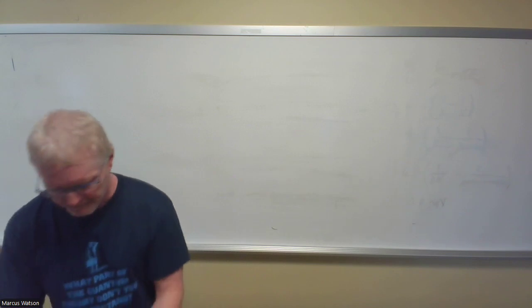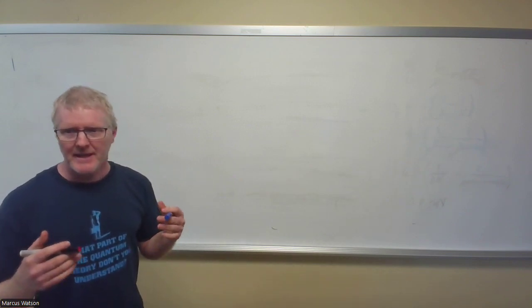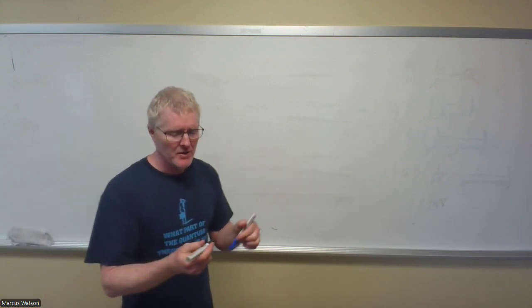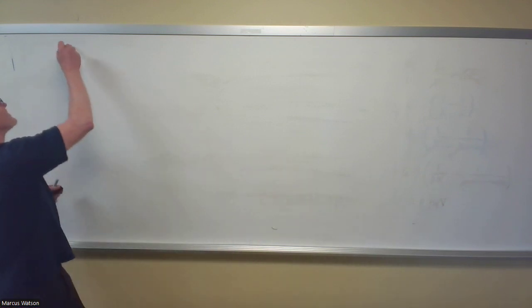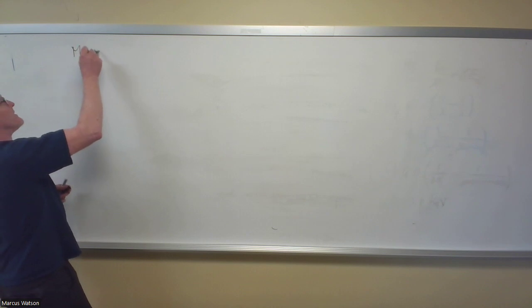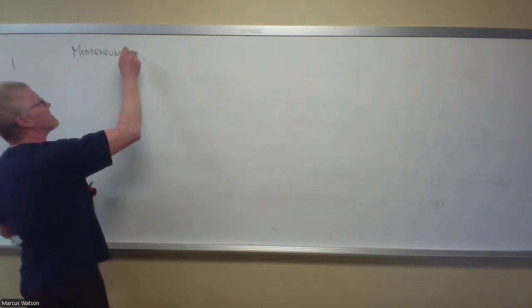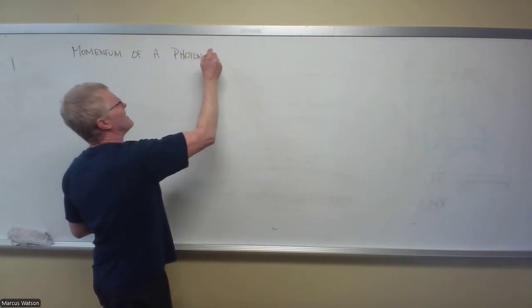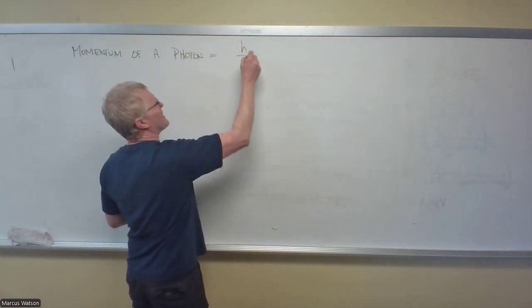And we said, well, in a very hand-wavy type of way, we came up with the idea that the momentum of a photon is h divided by lambda.